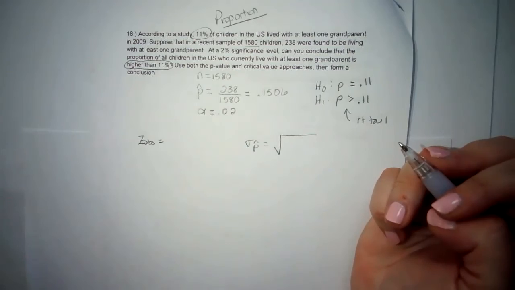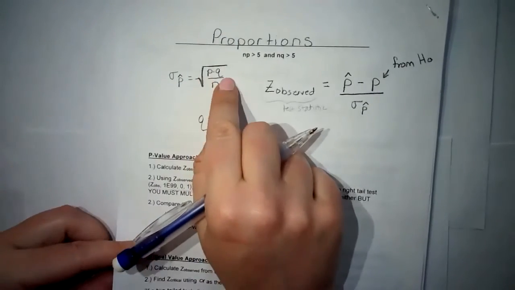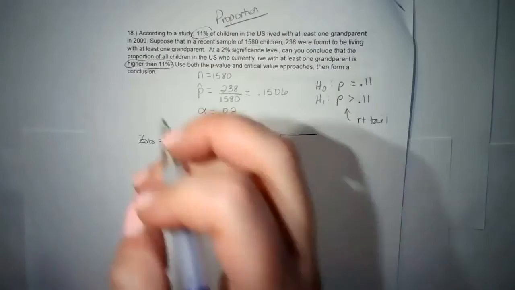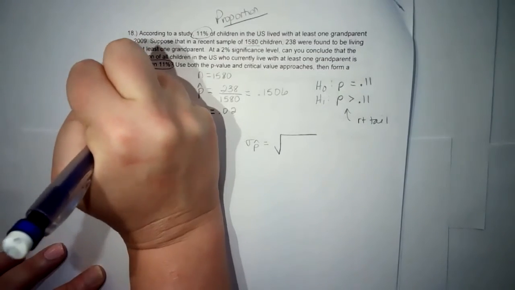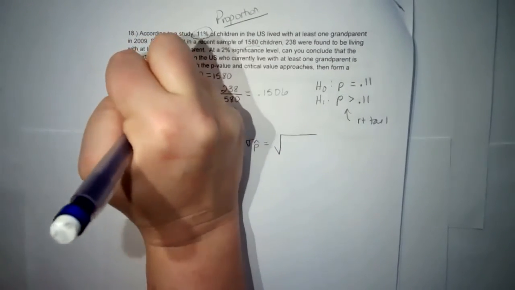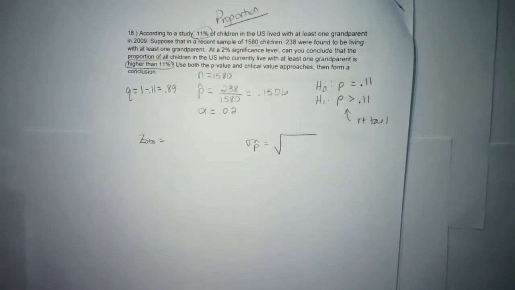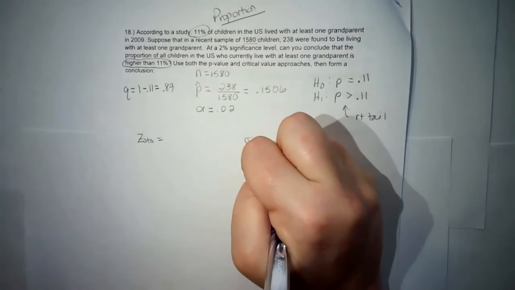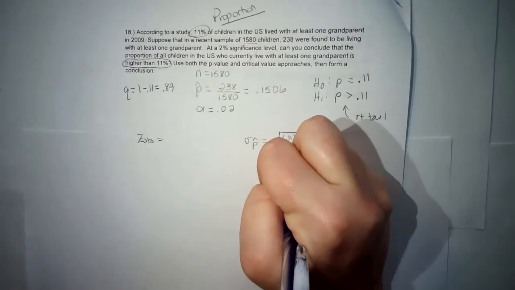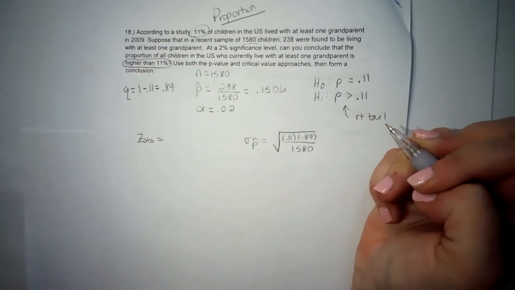Okay, so sigma p hat has P and Q and N, and I don't have a Q. So I got to come up with a Q. 1 minus 0.11 is going to be my Q. So 0.89. Okay, so I'm going to have 0.11 times 0.89 all over 1580.